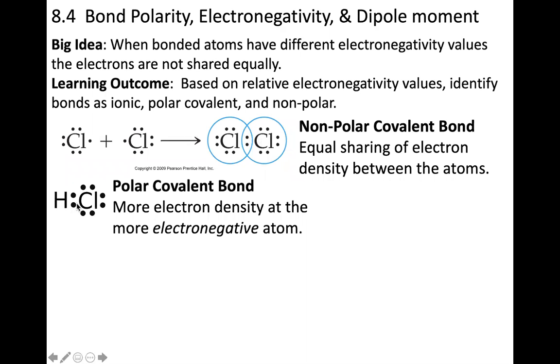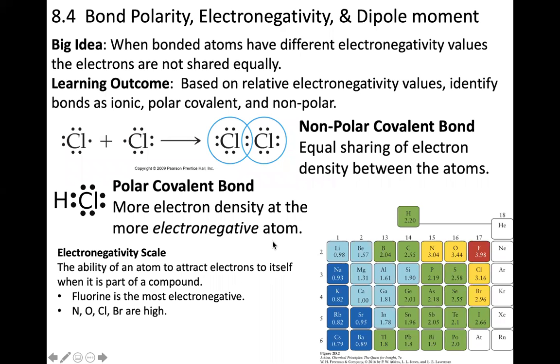But what if I have different atoms? As soon as I have different atoms, any 2 atoms that are no longer identical to each other, when they're forming the bond, we're going to see that the electron is not equally shared between both of them. The electron density, where the electron is more likely to be found, is on one of the atoms more than the other.